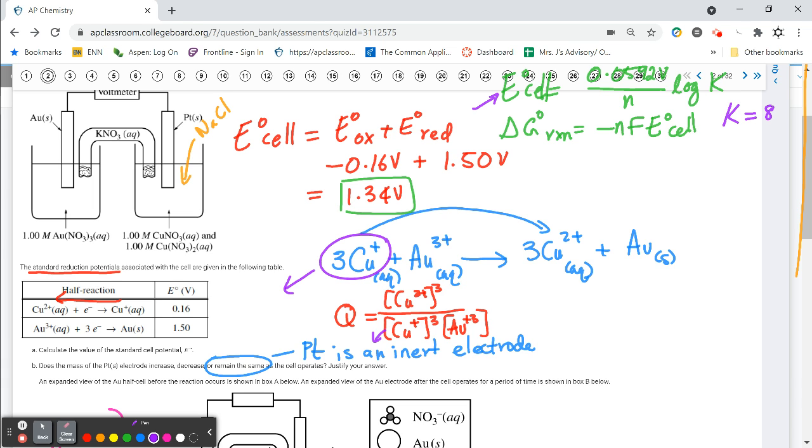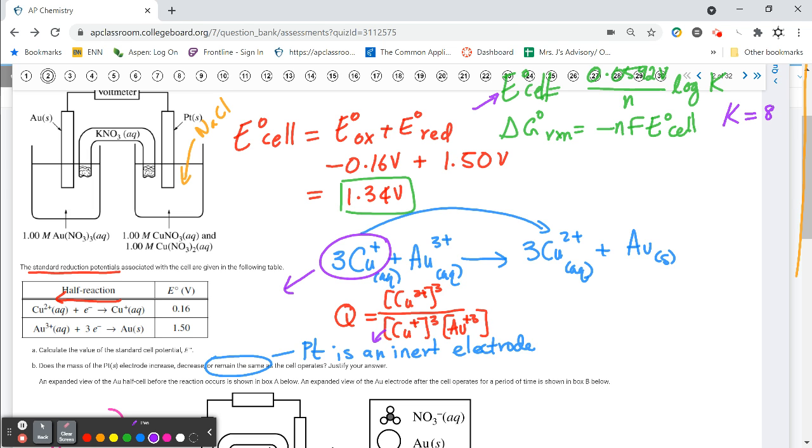It was 7.94, but it was still about 8, when the concentrations were what they were originally.